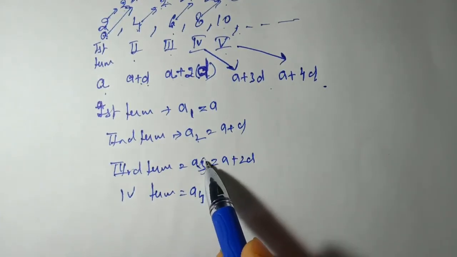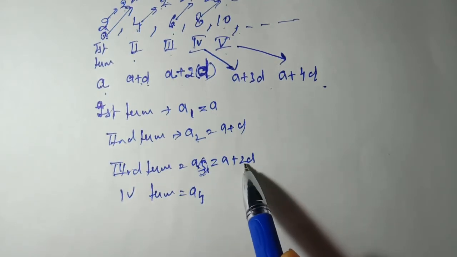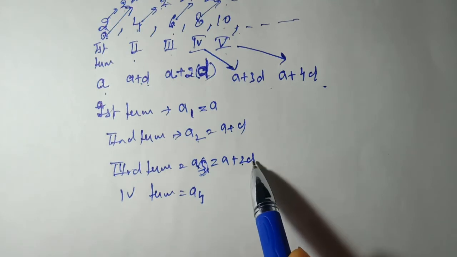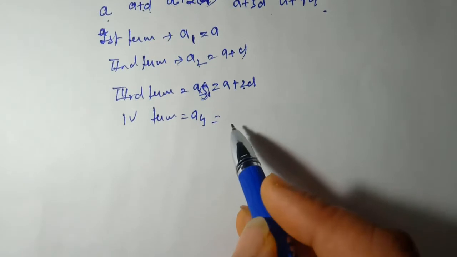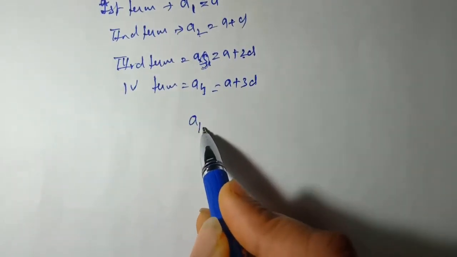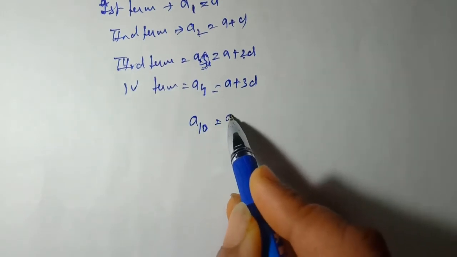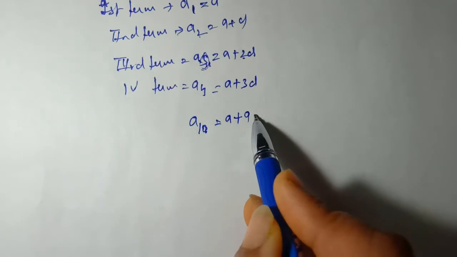The number below the A is 3. Here n is 3. So we have to take one number less before the D, which is to be multiplied. So if we have to find A4, we have to take A plus 3D. If you have to find the 10th term, A10, then what you have to do? You have to take A plus, subtract 1 from it, 9D.